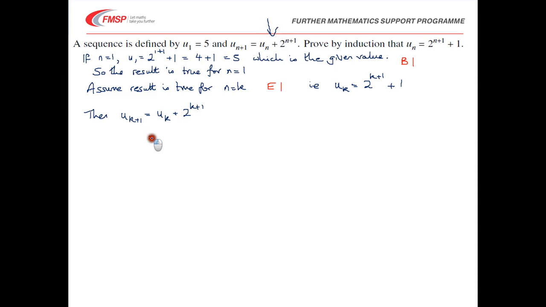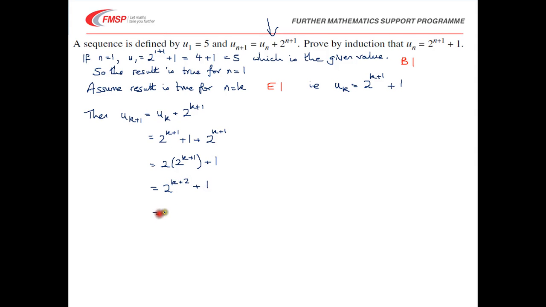And you're now going to substitute in the value for uk which you had, which is 2 to the k plus 1 plus 1, and then you're adding on 2 to the k plus 1. So I've got 2 lots of 2 to the k plus 1 plus 1, and that of course is 2 to the k plus 2.